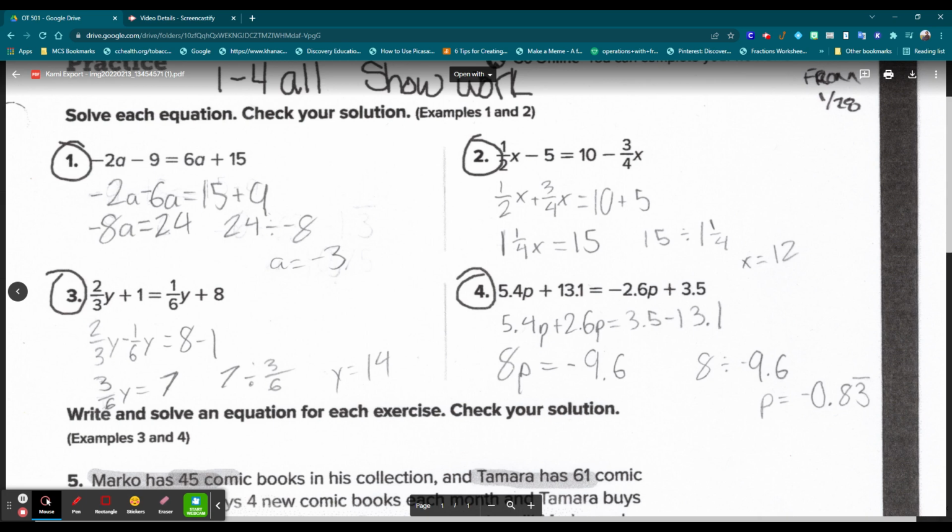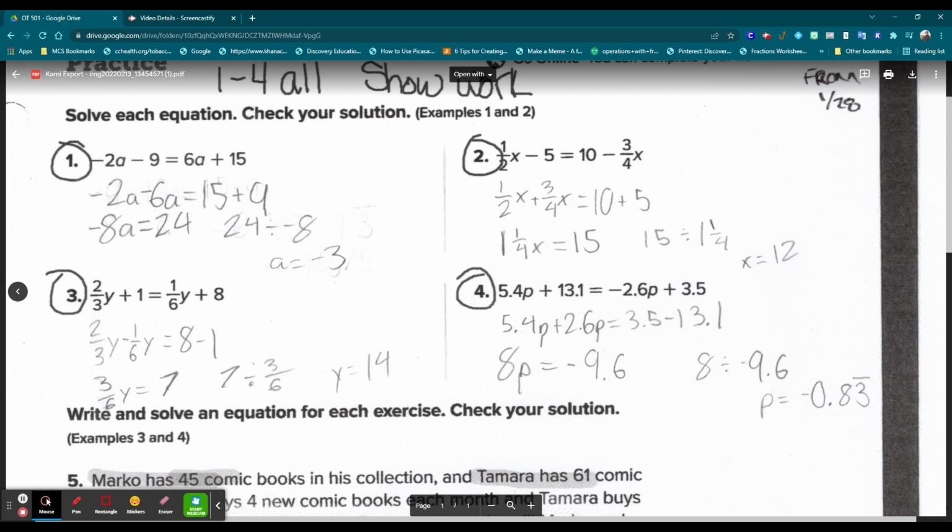All right. So, like I said, your work that you provided does indeed give you the solution. But in class, I have talked to you about a specific way of showing that work so that you can show you are using the properties of equality.